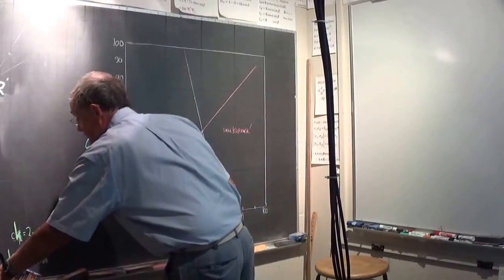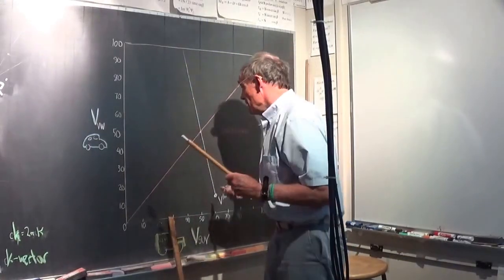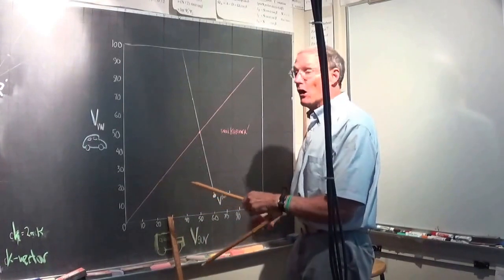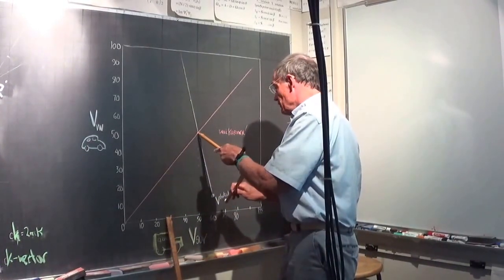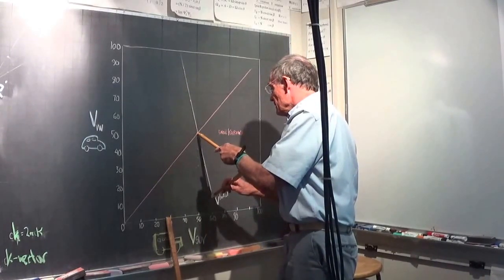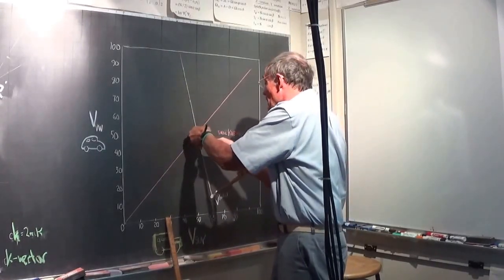The other extreme is the kabong. And where is that going to be? Well, it turns out it has to be where this circle intersects the momentum line. It has to be somewhere on the momentum line.